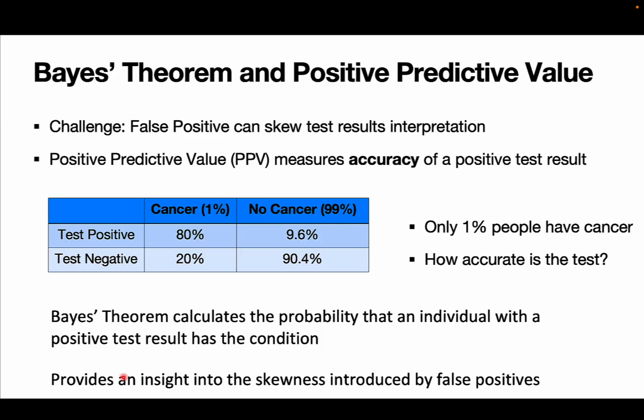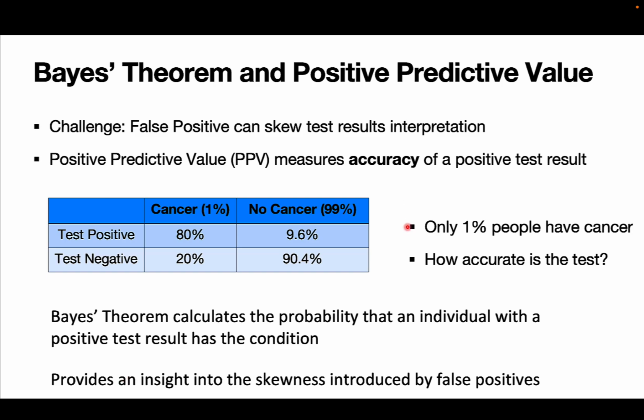This is great, but the issue of false positives in these tests can skew the interpretation. So Bayes' theorem can be helpful here to compute what we call the positive predictive value, which measures the accuracy of the positives that we got from the test.